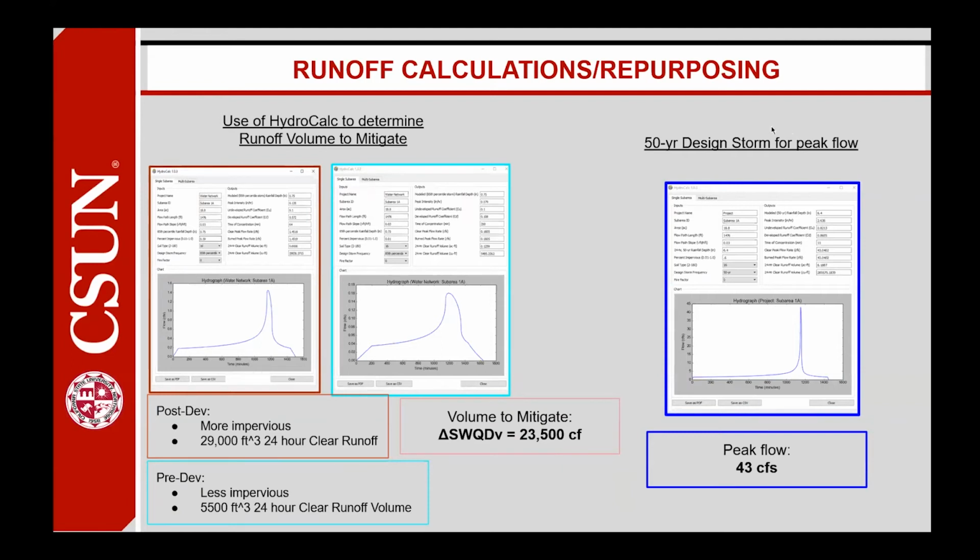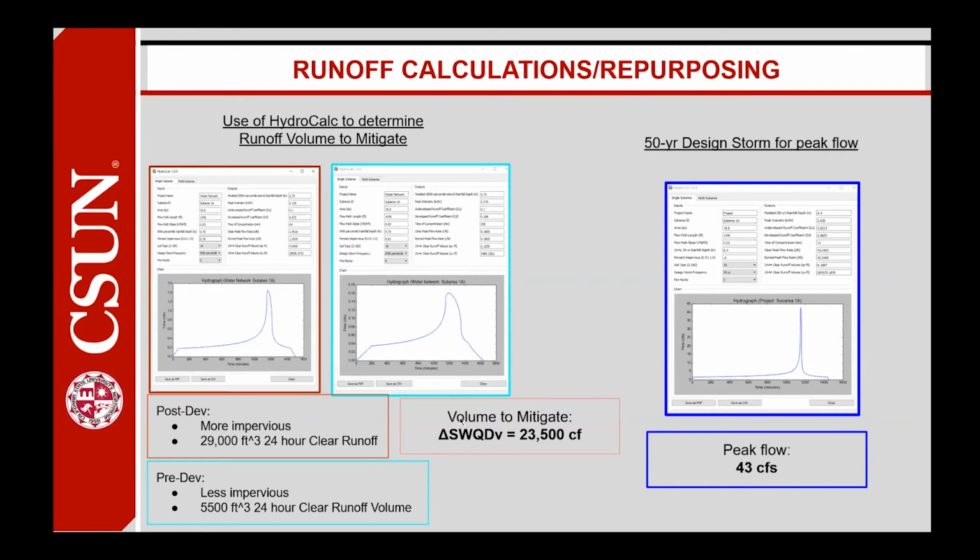Next, we had to look into the actual drainage and how much water we're going to get per storm in order to capture. To determine the volume to capture per storm, we input some of the site conditions into HydroCalc using some of the LA County values. For an 85th percentile storm, using impervious data, we gathered a runoff value, and then we subtracted a pre-developed value where we use a much lower percent impervious value.